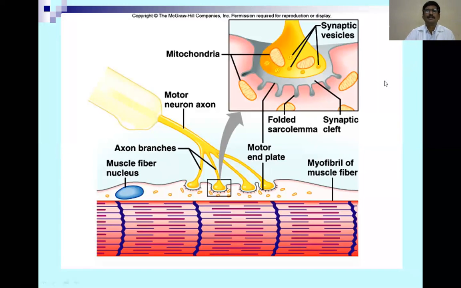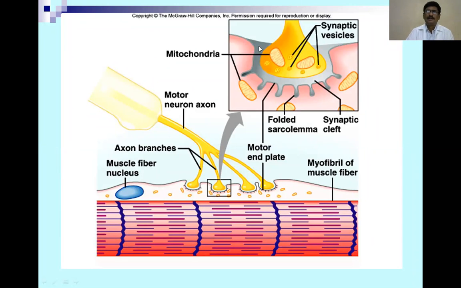Now, the gap between these two is called the synaptic cleft. Even the axon terminal gets swollen, forming synaptic buttons or axon telodendria, where you find a large number of vesicles containing acetylcholine. There may be around 3 lakh such vesicles. They also have many mitochondria, so that area is highly metabolic.